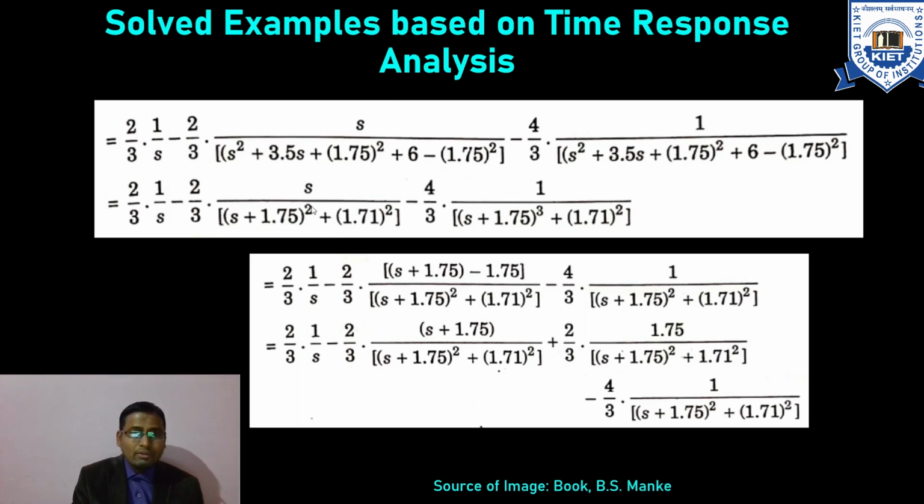Now again look at the second and last term. Here we are adding 1.75 and subtracting also. Why am I doing this? Because in the numerator s is available, so the format (s plus a) divided by ((s plus a) whole square plus b square) is available for the existing Laplace transform.